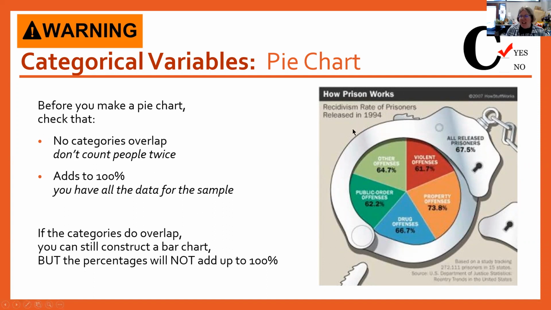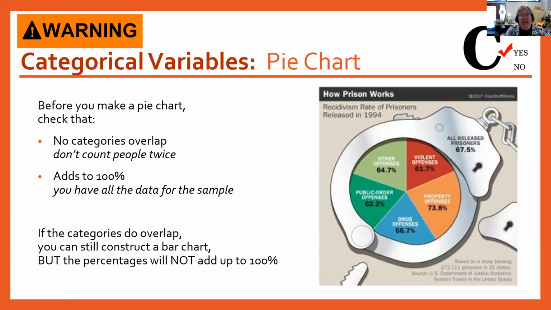Here's an example of somebody who made a pie chart that really should not have. This is from the US Department of Justice statistics. One would have hoped they had some good statisticians on staff, but this graph sadly has some issues. It's titled The Recidivism Rate of Prisoners Released in 1994.